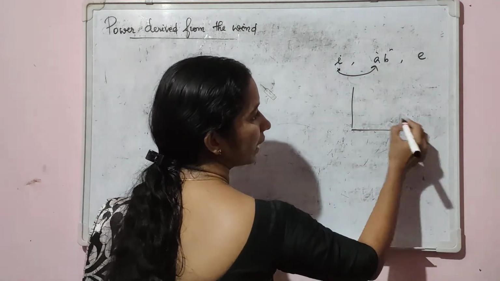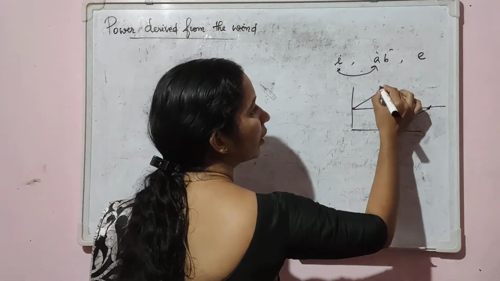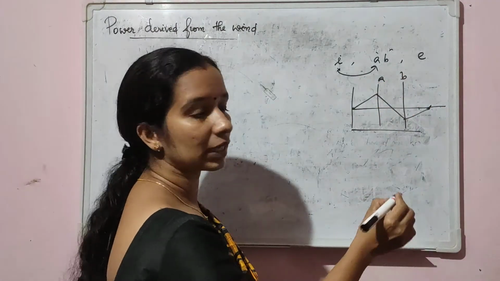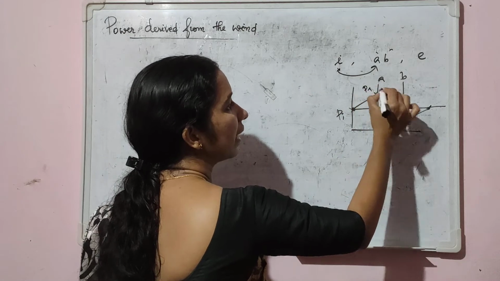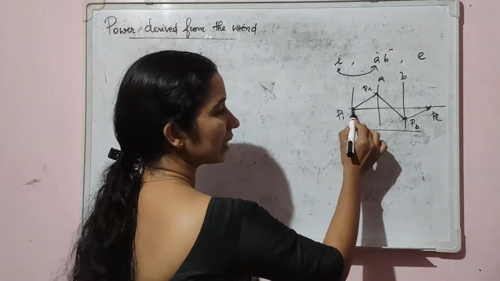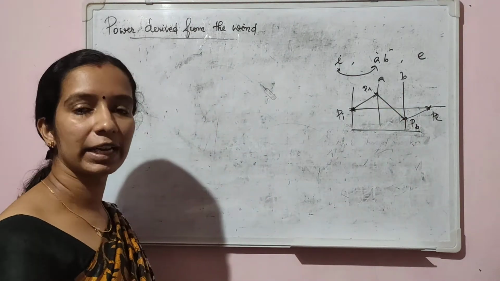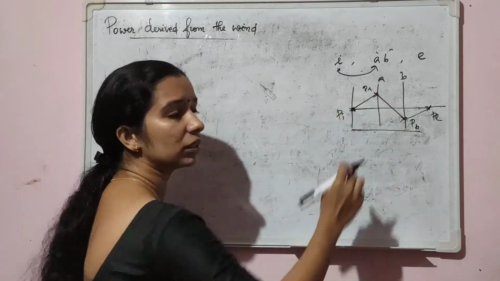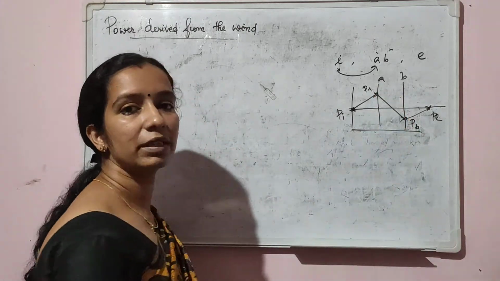Let me draw it again. We have marked it like this. AB is the thickness of the turbine blade. Here pressure is Pi, this is Pa, this is Pb, and this is Pe. Now we can apply the energy equation to this part also. Let I be the medium 1 and A be the medium 2.